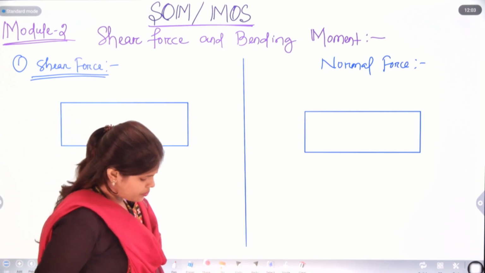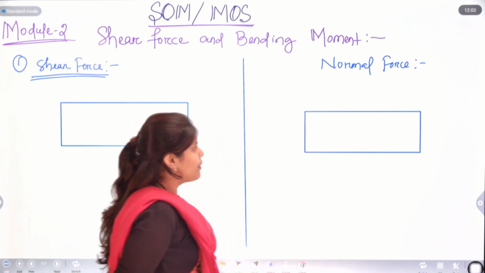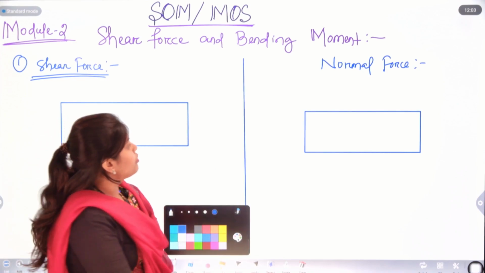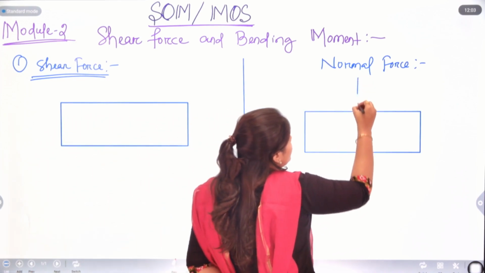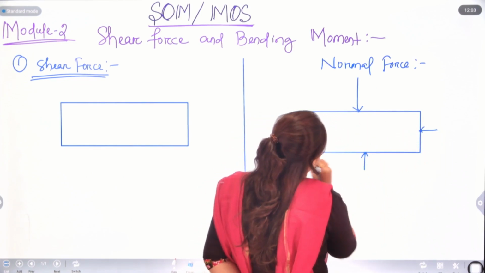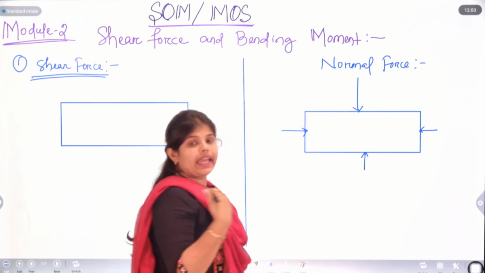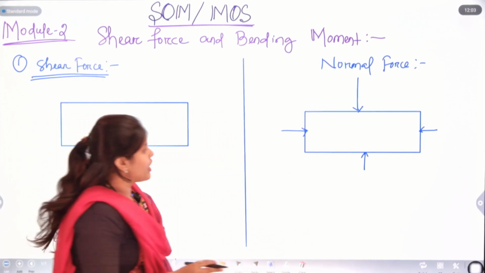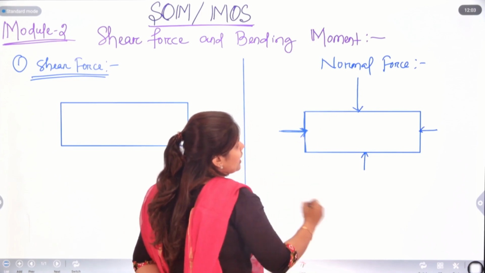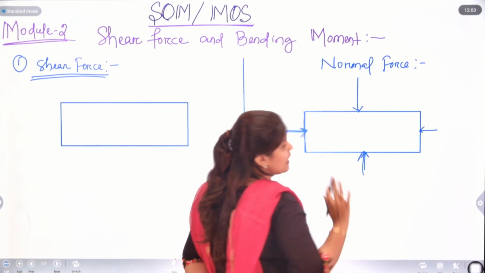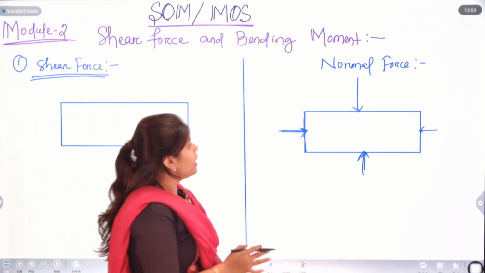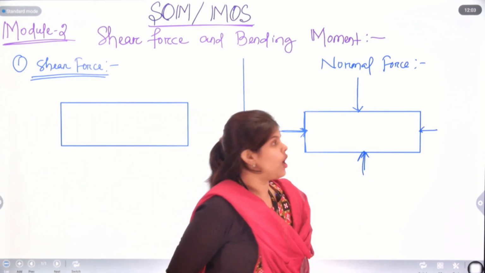Okay. So, when normal force is applied on any object, we know the normal force will be applied perpendicular to the object. Perpendicular to any particular axis. You can say here this is applied on the y axis, here on the x axis, but in case of normal force it is always applied perpendicular to the object.